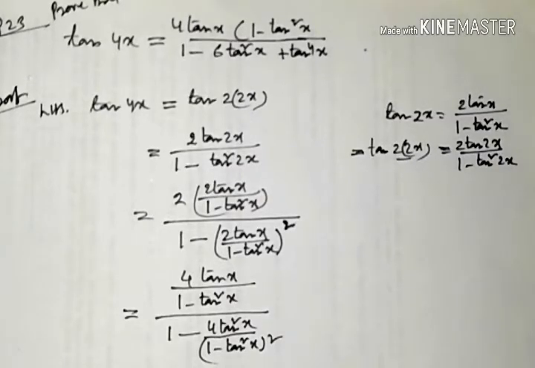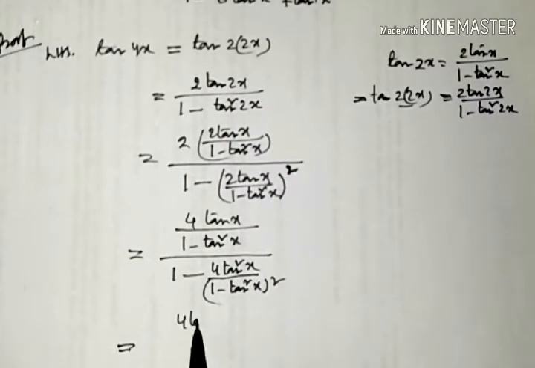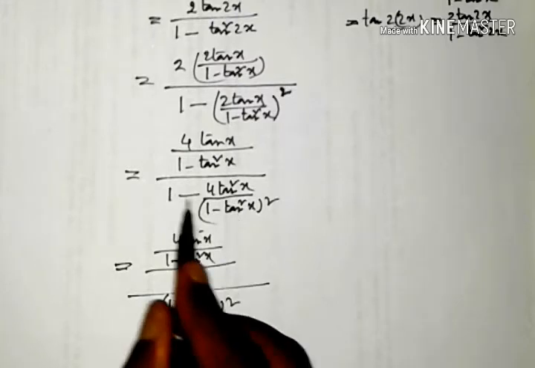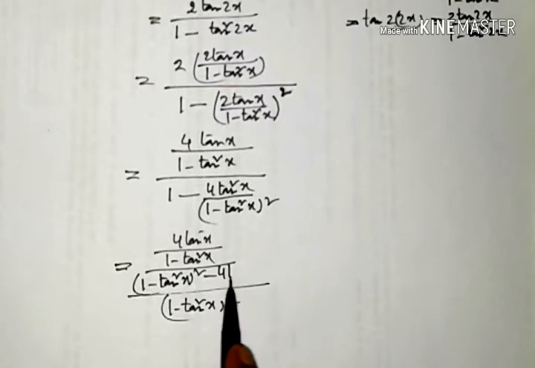Now we just have to simplify it. 4 tan x over 1 minus tan square x, divided by 1 minus 4 tan square x over 1 minus tan square x whole square. If we take LCM, 1 minus tan square x whole square, we convert 1 to 1 minus tan square x whole square minus 4 tan square x.